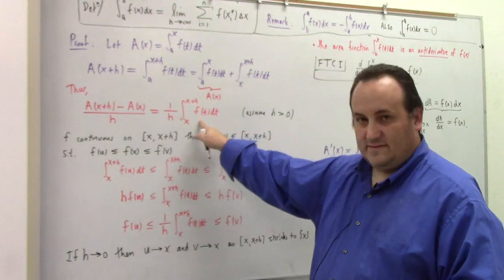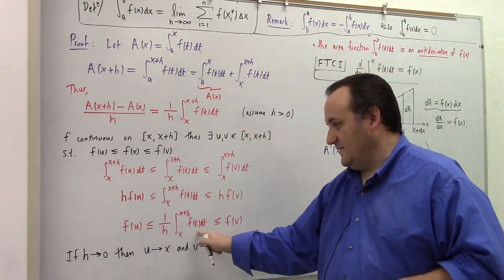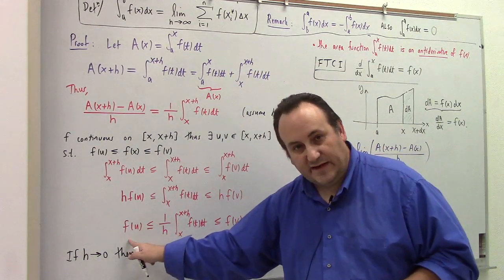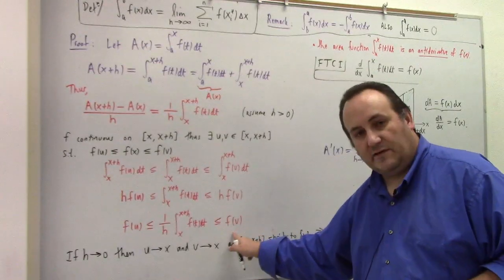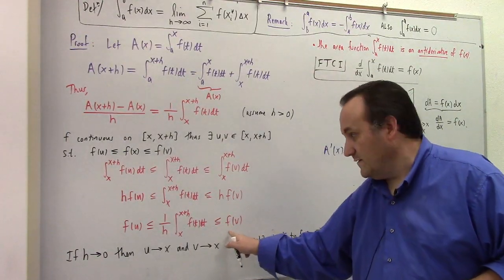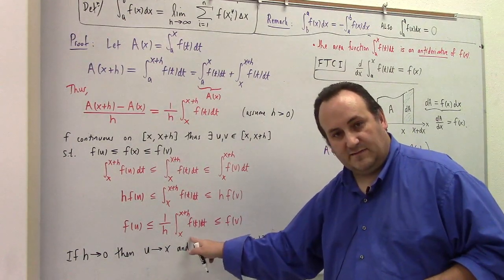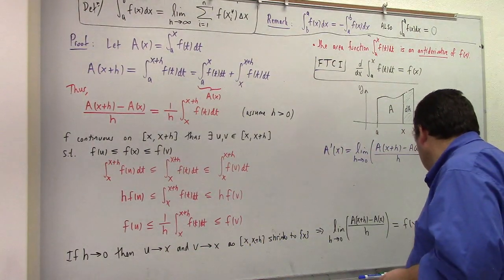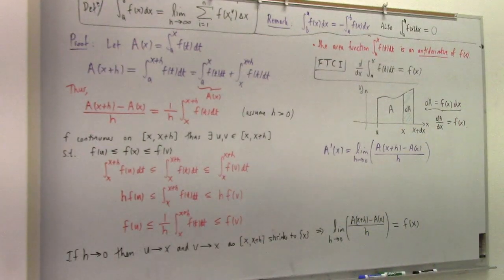This is what that difference quotient is equal to, but we've just shown that in the limit it's larger than or equal to f of x, and it's smaller than or equal to f of x. Therefore, by the squeeze theorem, this must be equal to f of x. But that's exactly what we set out to prove, right?